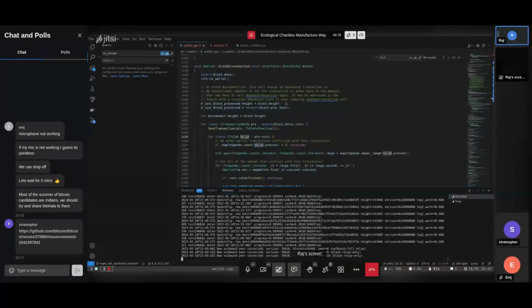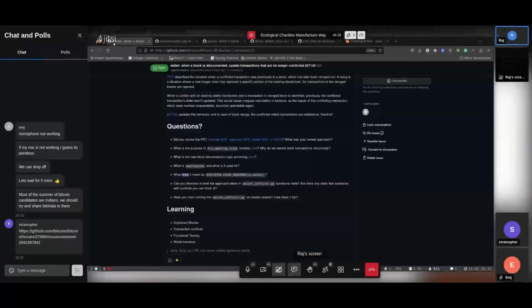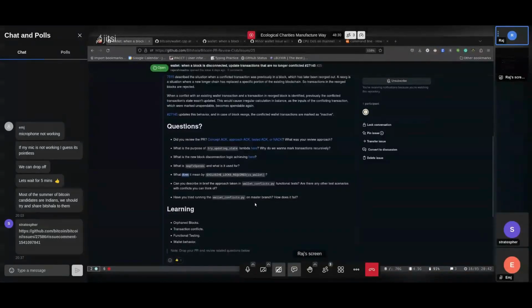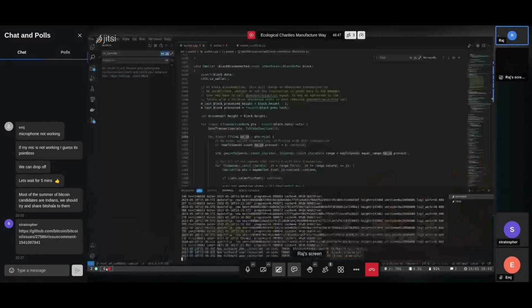Okay. So what was the next question? Exclusive lock. We covered exclusive lock. Exclusive locks are nice things to have. So the next one was on the approach of the test function. Like what was the test function approach that they have taken?